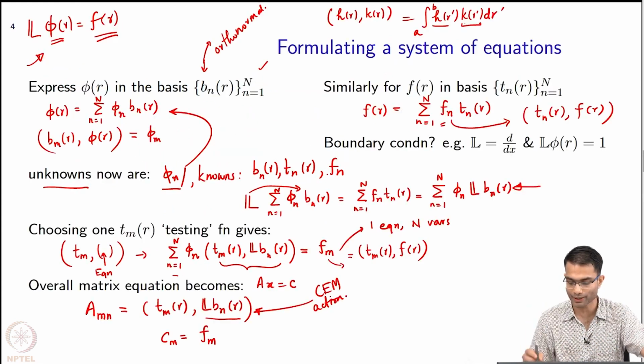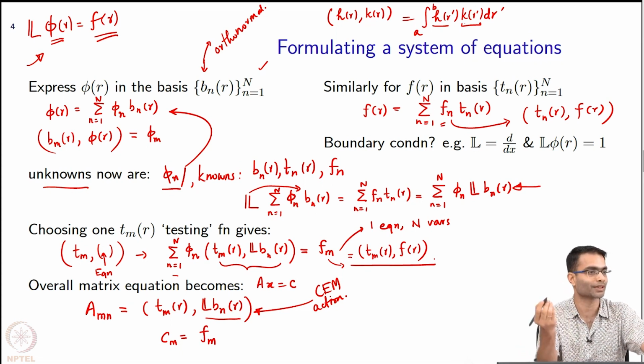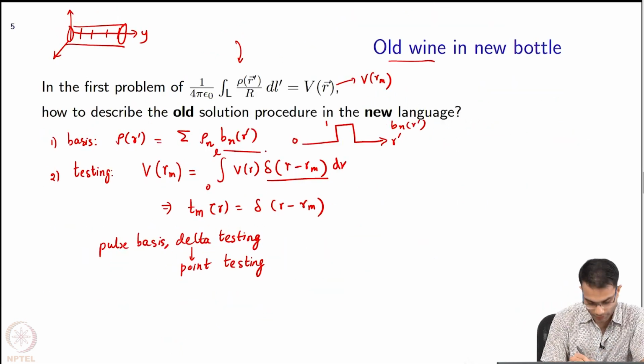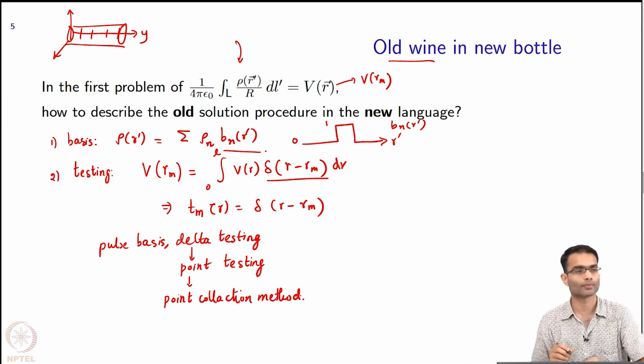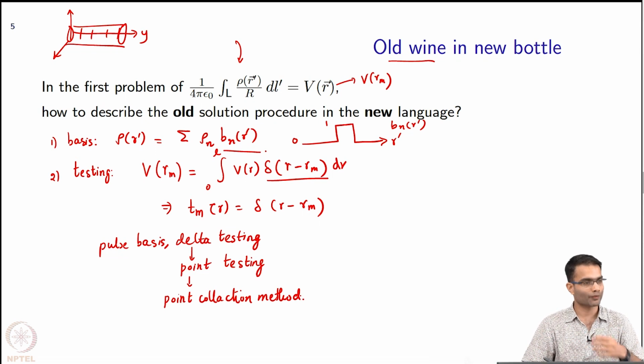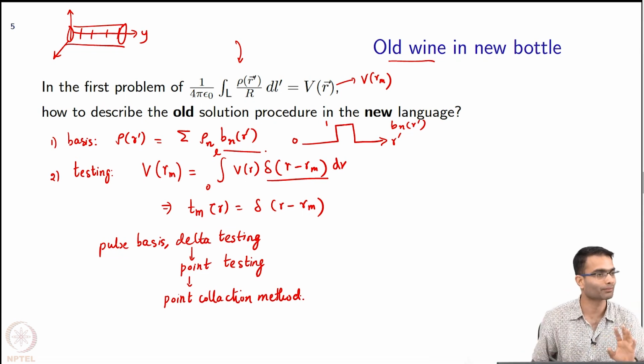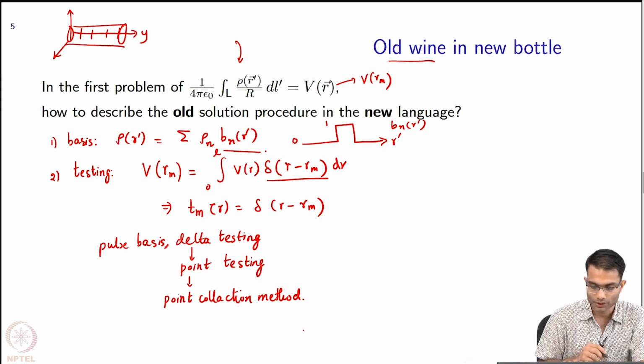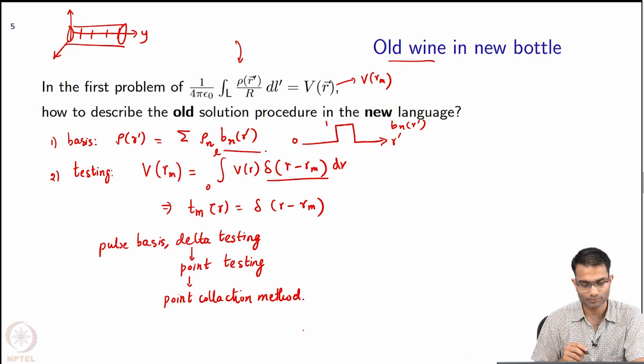That's why I went back and wrote another definition for Fm, because I cannot define the value of a delta function at some point, it's undefined. Another word for this is the point co-location method. You can imagine this method has been around for such a long time that everyone has given it a different name. So if you encounter any of these, you know they are talking about the same thing. This is sort of what we did.